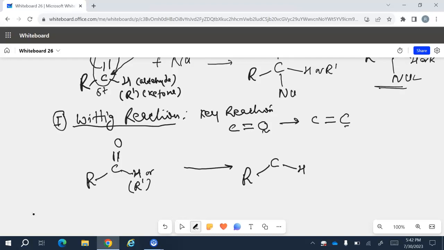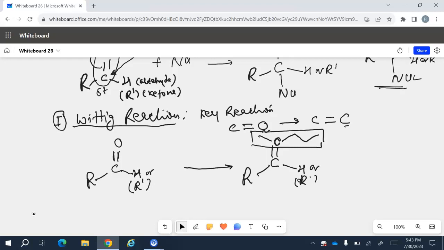So say H or R as it is, or R prime. Now C double bond O we would like to convert to C. Now you can have any two groups on this carbon. Say for example, on one side we use a 1, 2, 3 propyl group, and on the other side a methyl group. So this is what we want to make. That means the oxygen we want to replace by this group here.